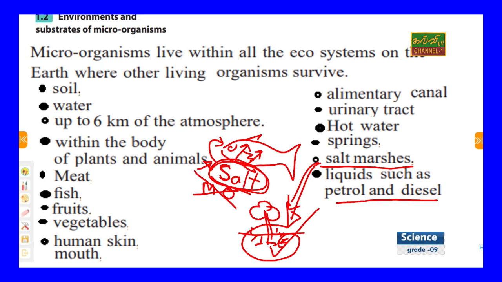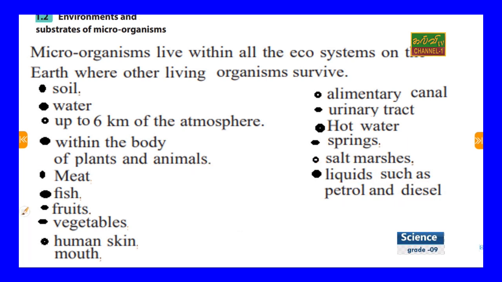Here, petrol and diesel also contain some kind of microorganism. Therefore, don't think our petrol and kerosene oil also contain microorganisms. But anyway, if the soil environment contains petrol and diesel, at that time some kind of bacteria can live. Okay.